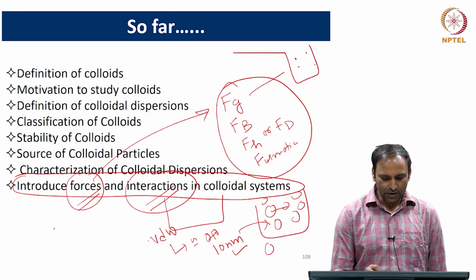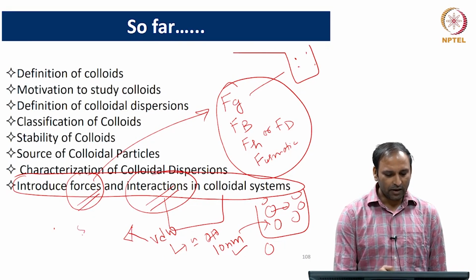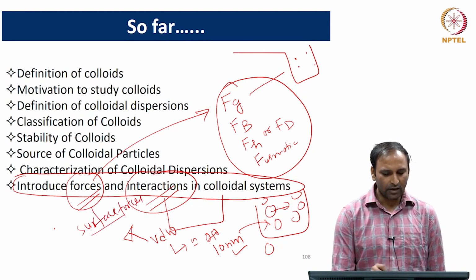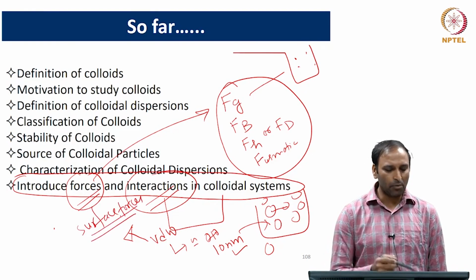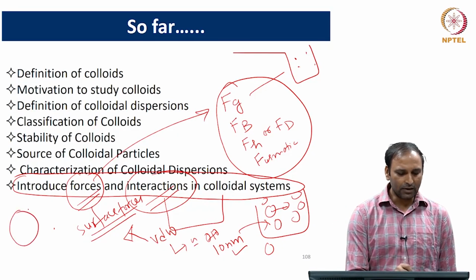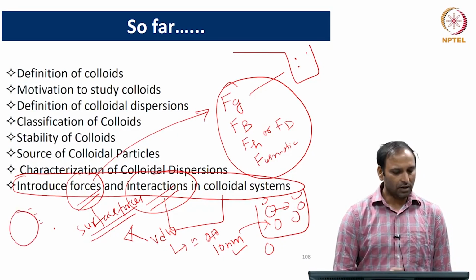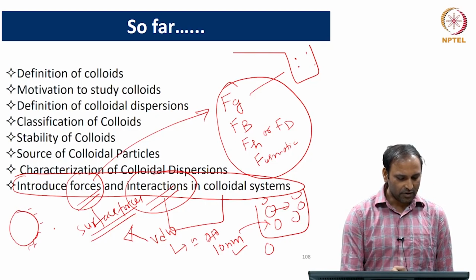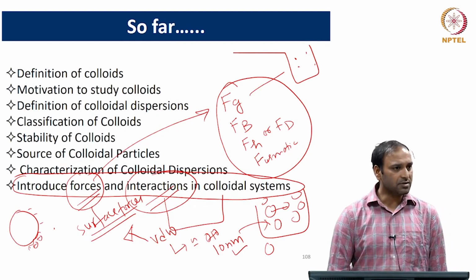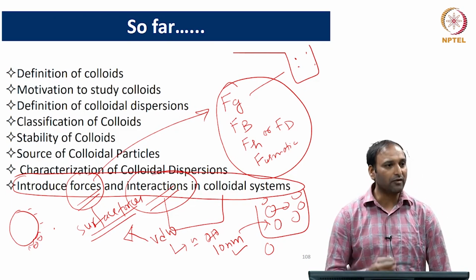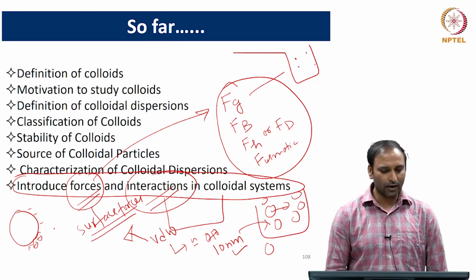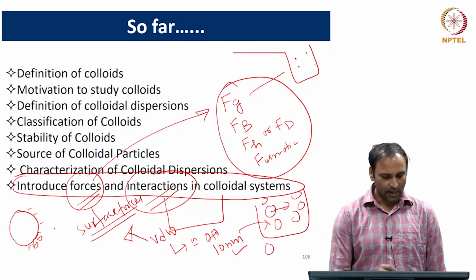So we talked about van der Waals force of interaction, we talked about surface forces, right, and surface forces we said can come about if you have particles that could have charge, and the particle which could have some adsorbed ions, adsorbed polyelectrolytes, surfactants, nanoparticles, right. So it could be anything on the surface of the particle, and that could lead to some interactive forces.